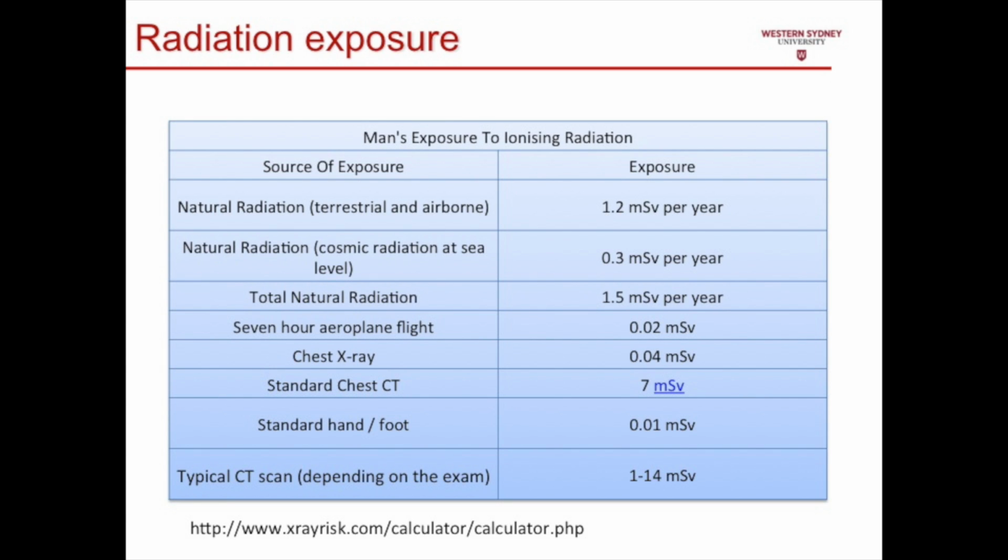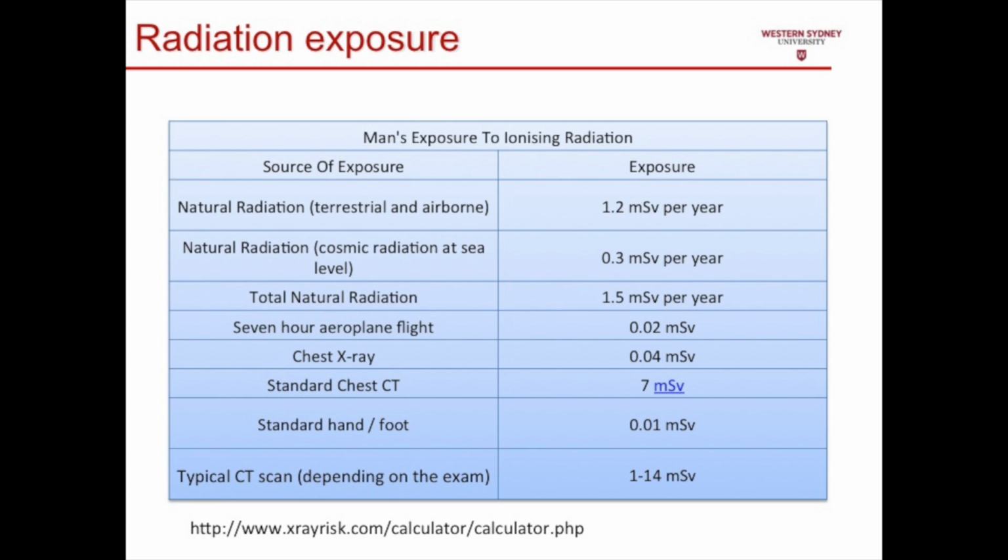2.2 millisieverts would come from exposure from natural sources within the environment, whereas typically 0.4 millisieverts would relate to radiation for medical exposure.